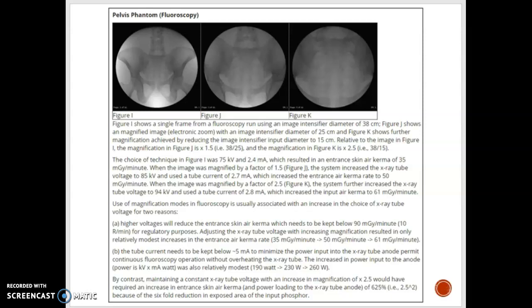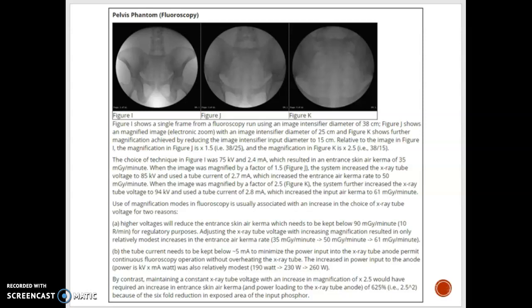So just looking at the difference between the two, when the image was magnified, automatically the kV jumped by 10 kilovolts from 75 to 85, and there was a slight increase in the milliamps as well.